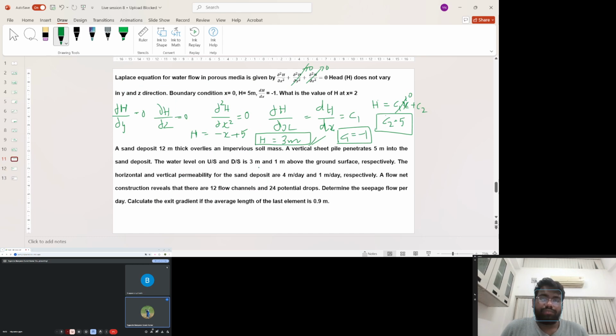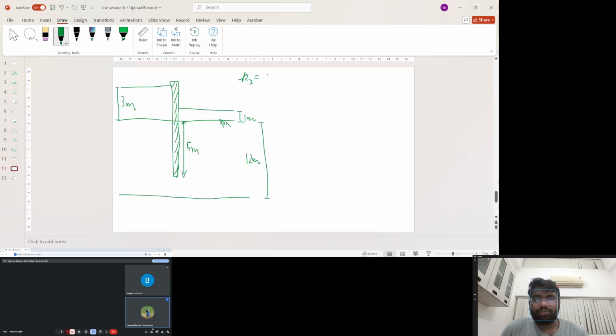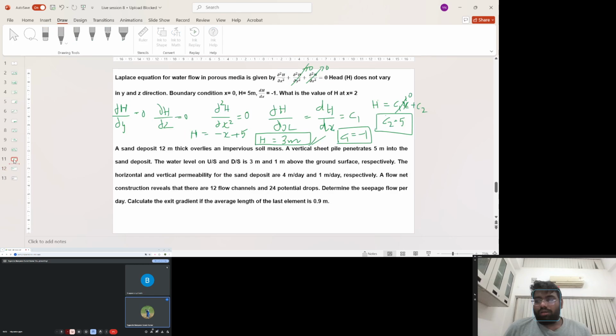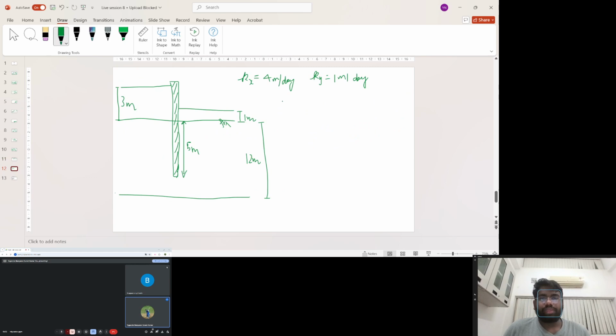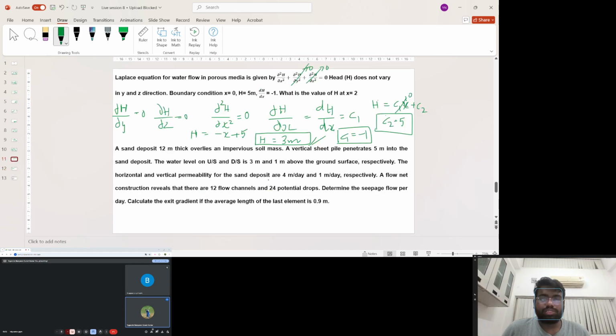So in this condition, we have horizontal permeability as 4 meters per day and vertical permeability as 1 meter per day. Other thing we have is NF is 12 and ND is 24: the number of flow channels is 12 and the number of equipotential drops is 24.